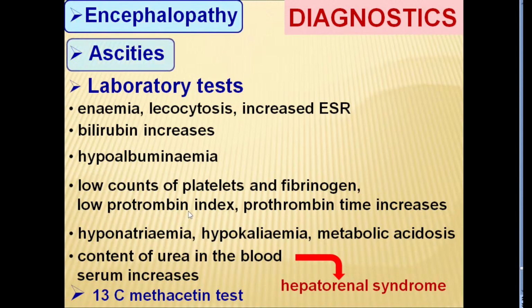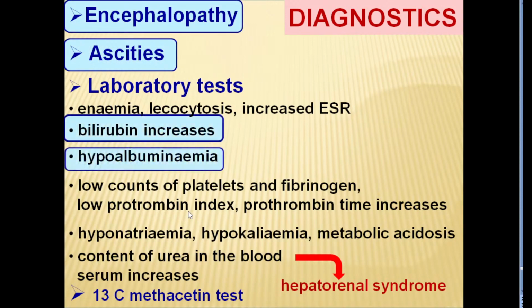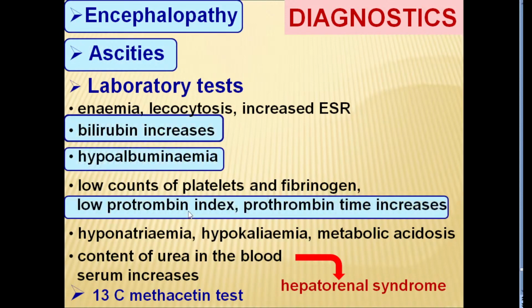And I'll again draw your attention to the main indices for diagnosis of liver insufficiency: psychic behavior, encephalopathy, ascites, level of bilirubin, albumin, prothrombin index and prothrombin time.